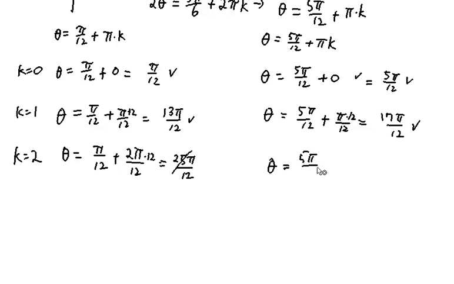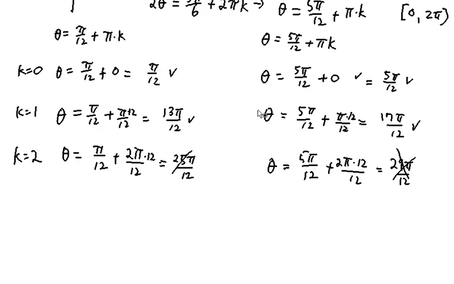Let's try k equals 2. You'll see here 2 pi times 12 over 12 is going to give me 24 plus 5, which is 29 pi over 12. And that again is too big. My domain was 0 to 2 pi, right? And that's outside of this, so that won't be an answer.